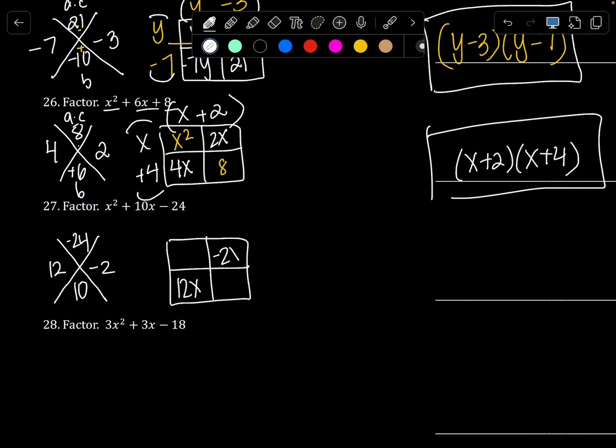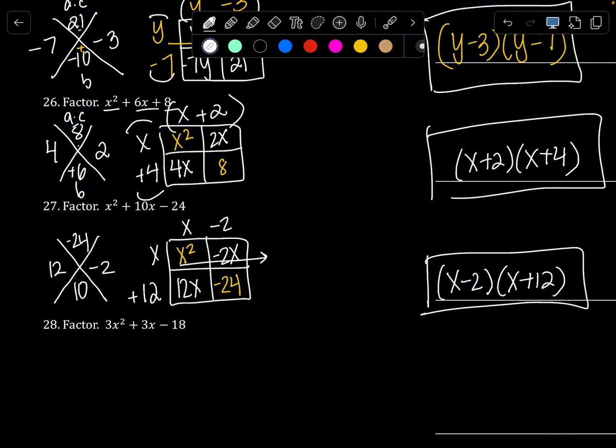Those go in the diagonal, and top left is x squared, bottom right is -24. So this is x times x minus 2, and this is oh, sorry. I think I might have, yeah, there you go, 12. It's a positive. So your factors are x minus 2 times x plus 12. Doesn't matter the order that you write them as long as you have them there.